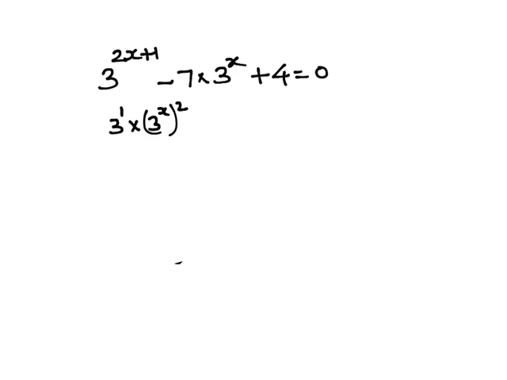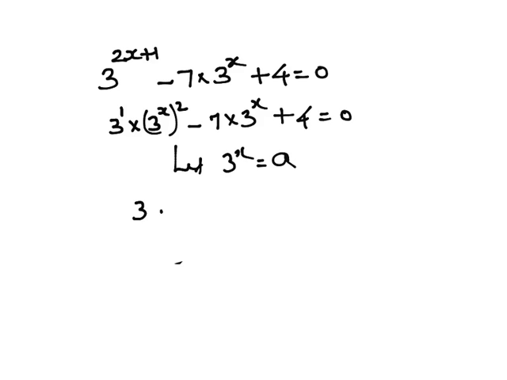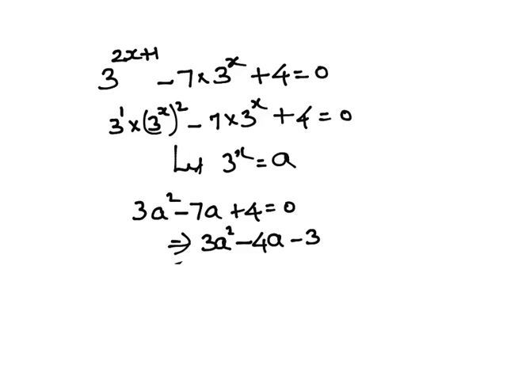So I write minus 7 times 3 power x plus 4 equal to 0. I'll replace 3 power x with some a. So I'll get 3a squared minus 7a plus 4 equal to 0. Let me factorize it. I can write 3a squared minus 4a minus 3a plus 4 equal to 0.